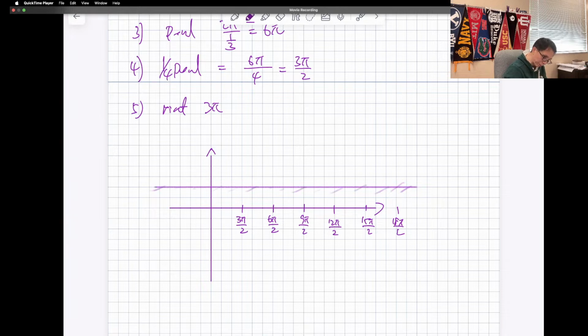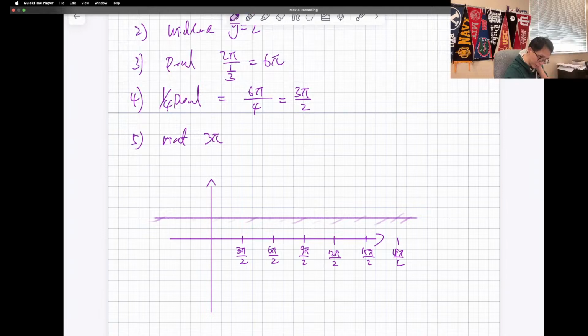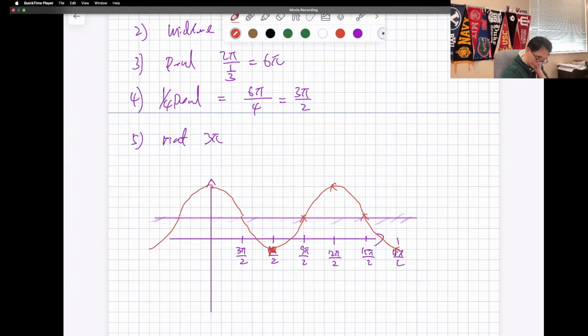This is a midline. And here it's going to be 3 units below the midline. So this is the first point. Is that the graph you have?